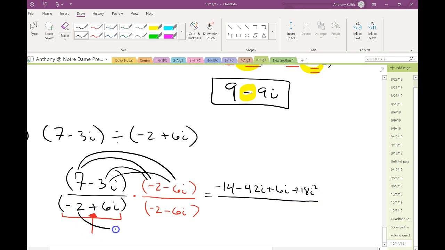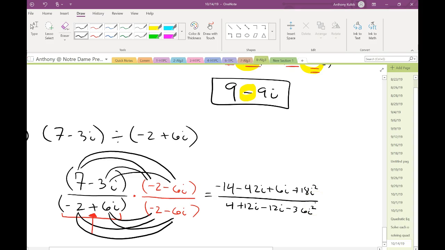If I do the same thing here, negative 2 times negative 2 is 4. Negative 2 times negative 6i is positive 12i. Positive 6i times negative 2 is negative 12i. And positive 6i times negative 6i is negative 36i squared.